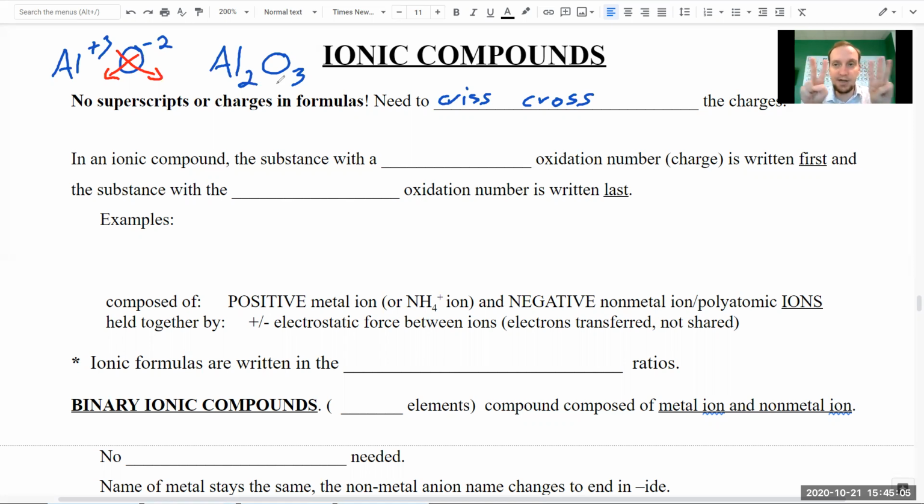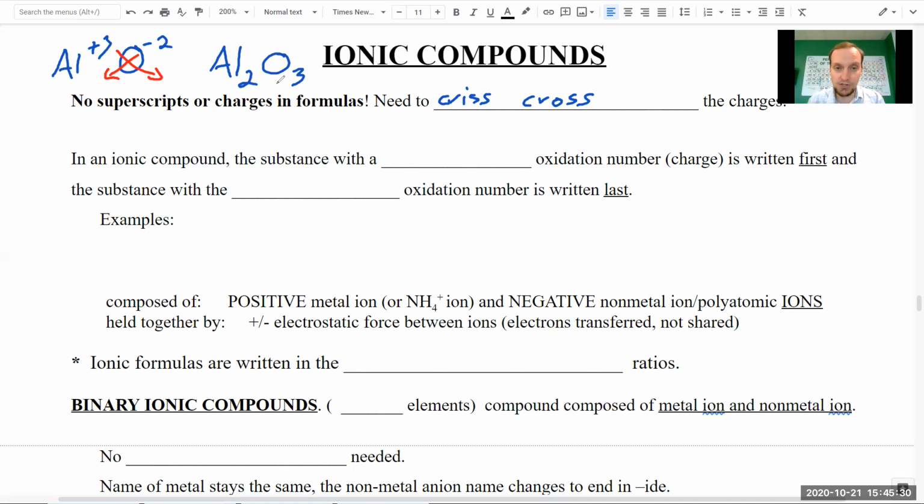In order to satisfy both, where the aluminum loses everything and the oxygen gains what it needs, you do the exact opposite and you switch them. You're going to need 2 aluminums to satisfy and fill 3 different oxygen atoms. That's the way it's always going to work. If the charge is 3 and 2, then it becomes Al2O3. And that's true for anything we do in these ionics.